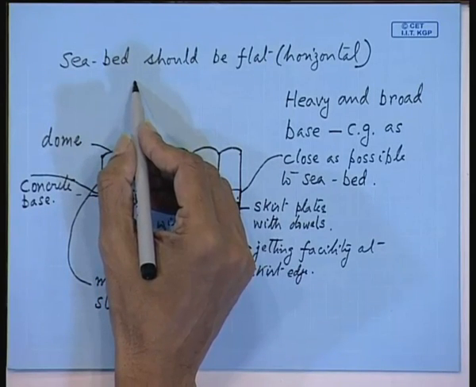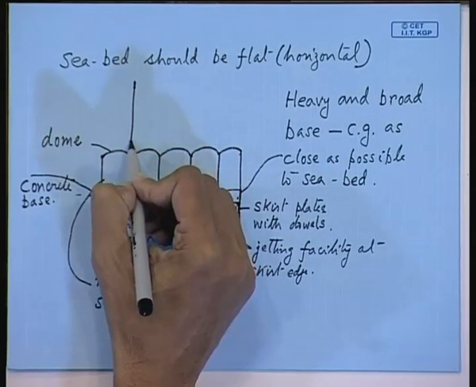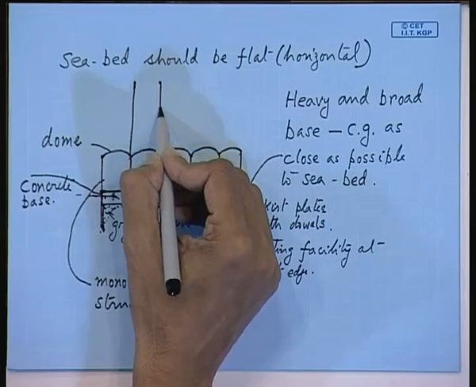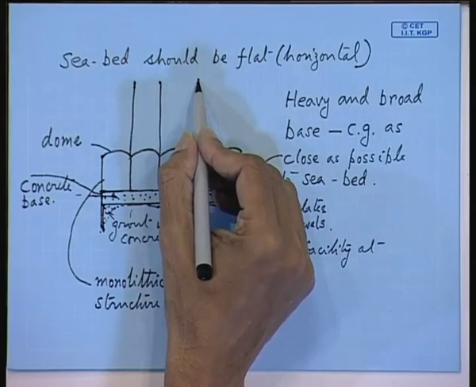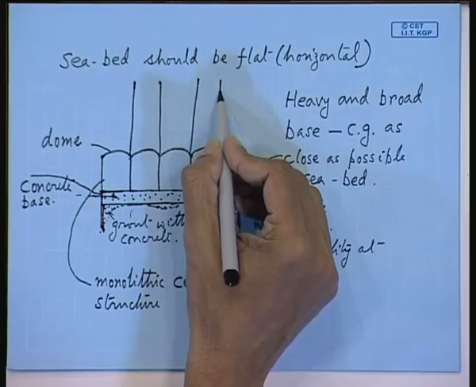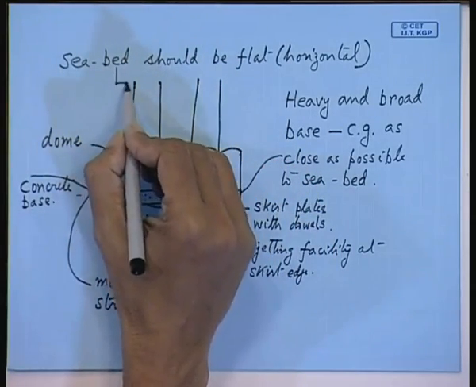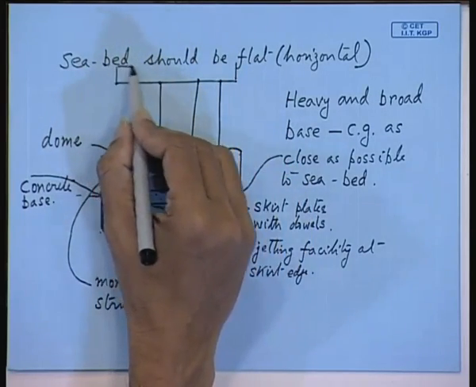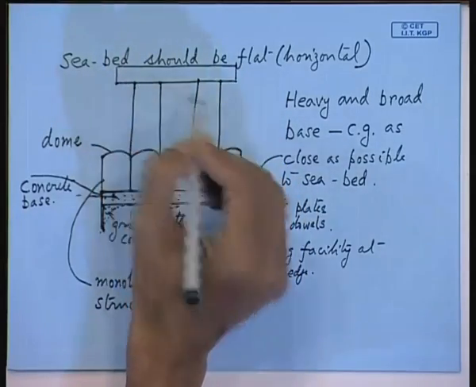Now next you start building your columns from the cells. And then you put your deck, or this is called a deck substructure, the same as in your jacket platform.